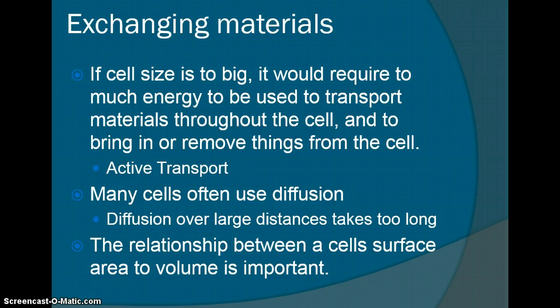Cells also rely on diffusion, things moving from areas of high concentration to low concentration, and diffusion over large distances just takes too long to be efficient. Therefore, the cell is going to want to remain somewhat small in order to make these processes more efficient.